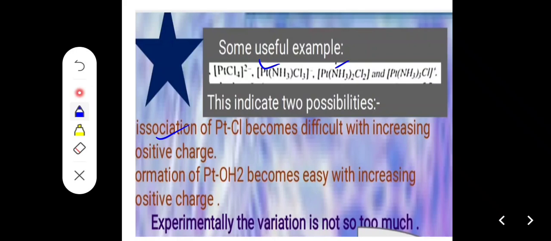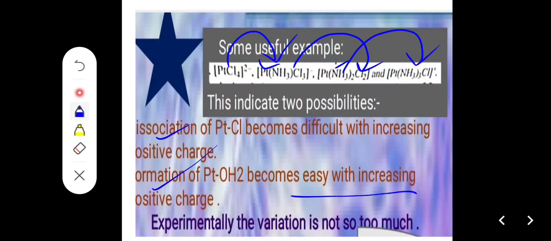So when we convert one complex to the next, we need some amount of energy, but when we convert the next compound to the following one, we need extra energy. When we convert this to this, we need the most energy of the three reactions. Second, formation of the Pt-OH2 bond becomes easy with increasing positive charge.